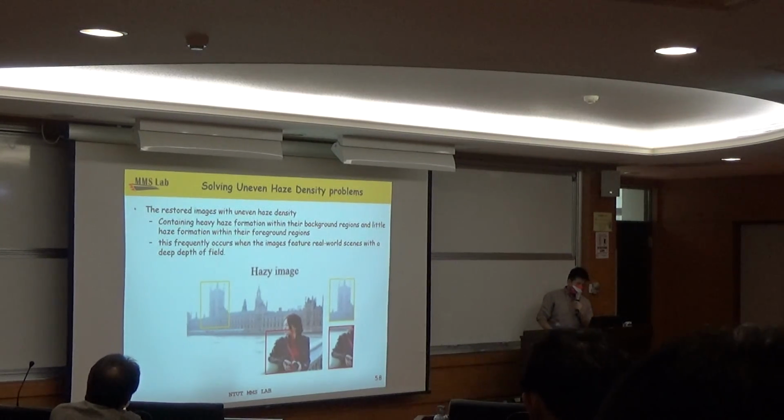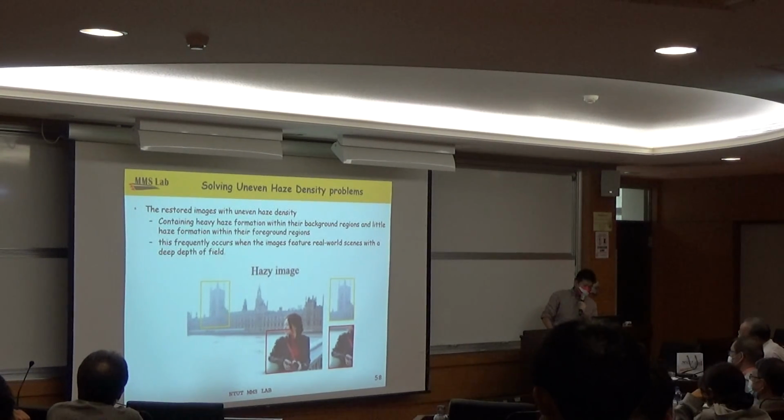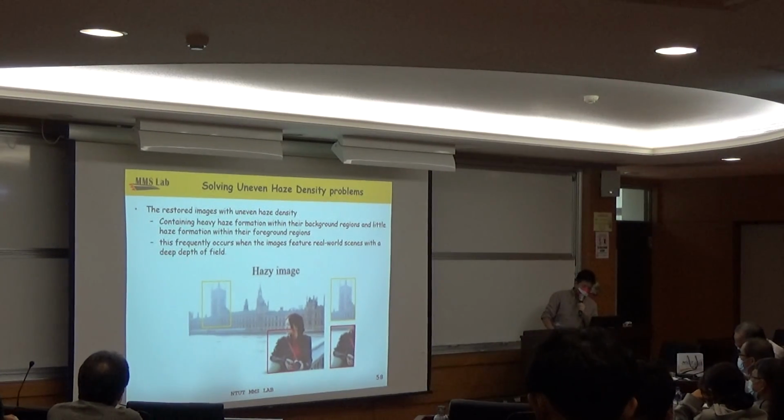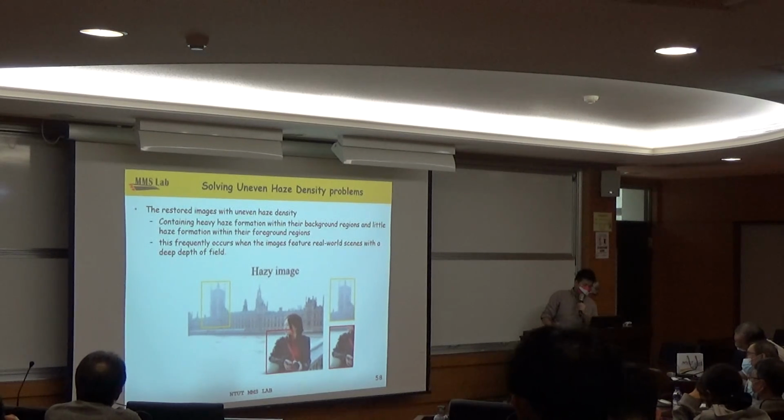This is the front. This is the background, and this is the front. And you can see in this part, the foreground, we have a clear, no haze, and this is far away, and there is a lot of unclear.